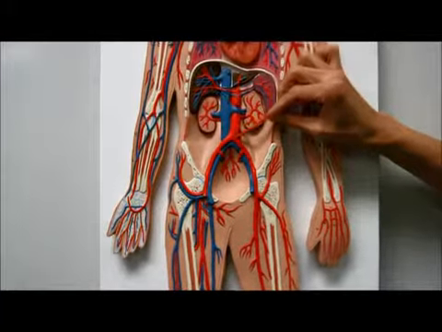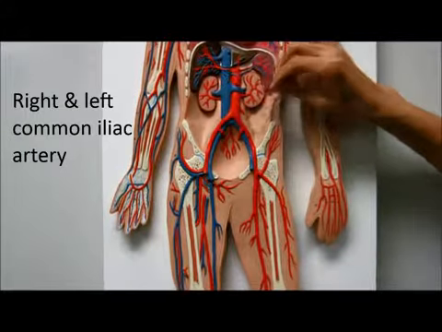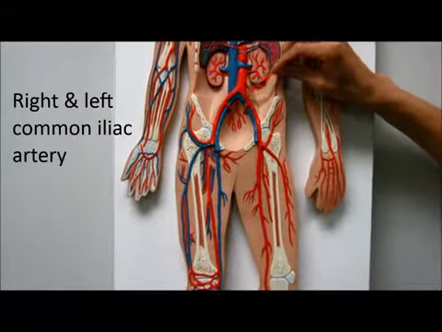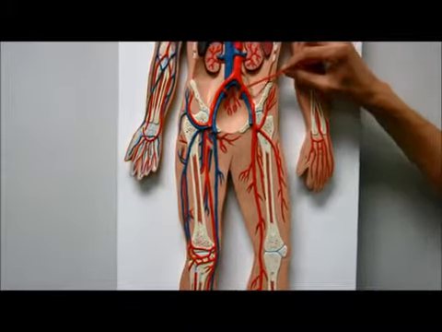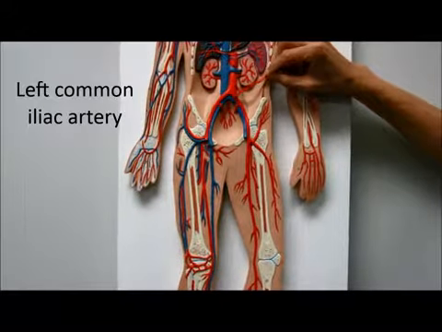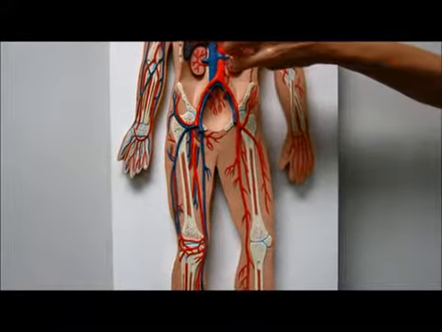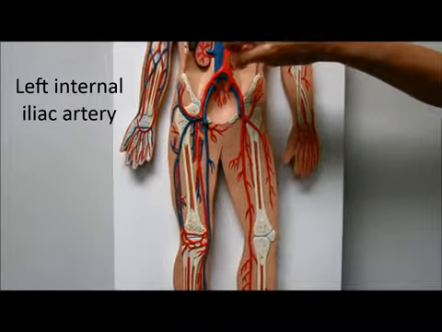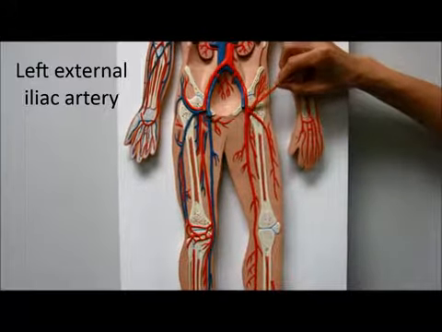The abdominal aorta then branches to form the right and the left common iliac artery. So let's follow this artery here. The left common iliac artery branches to become the left internal iliac artery and the left external iliac artery.